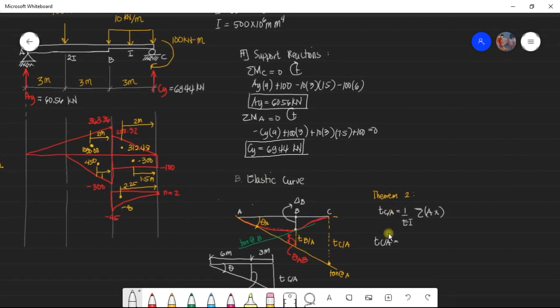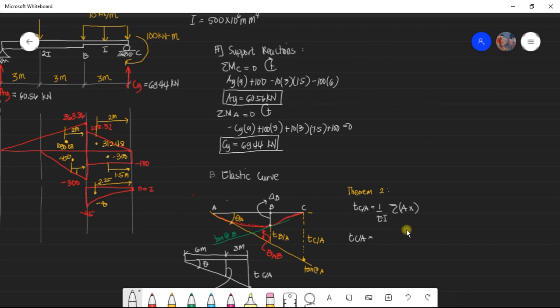From C to A tayo, sundan mo lang to. Para sa 1090.08, 1 over EI, multiplied by 2 plus 3, that is 5, over 2, kasi 2EI yun.